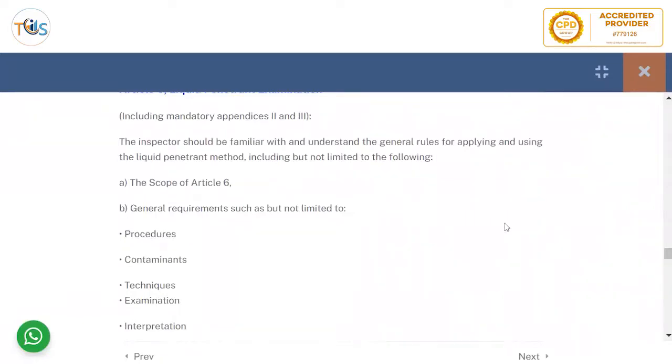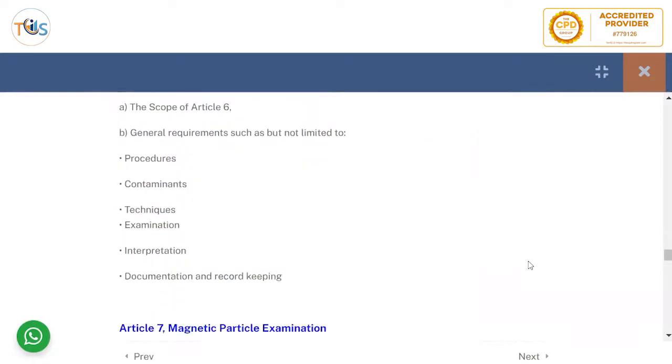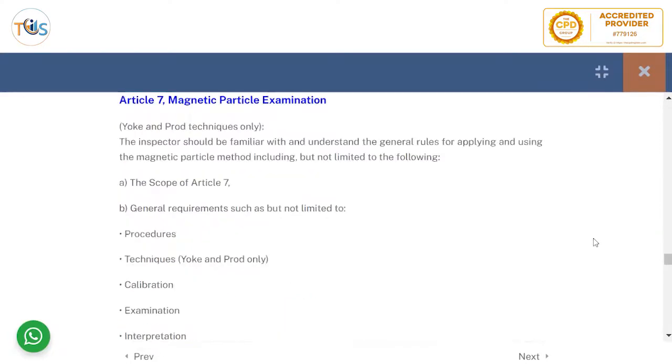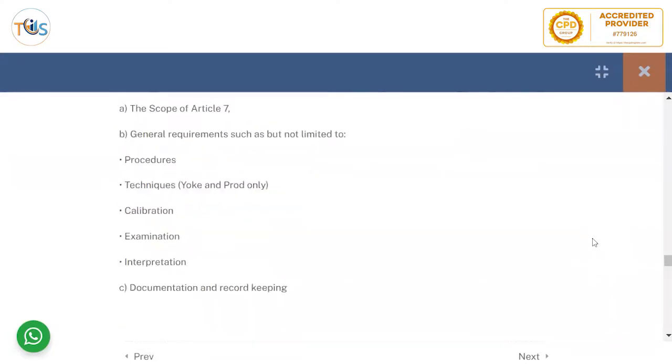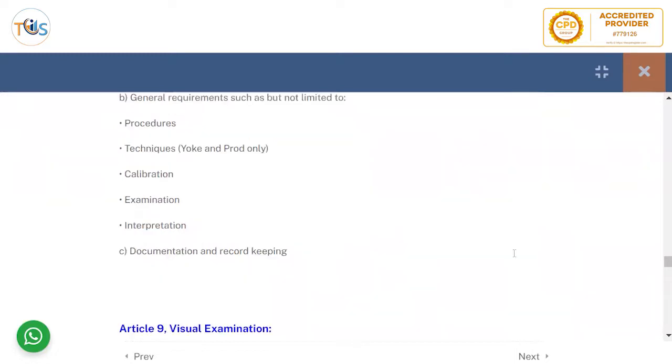There might be slight title changes on each topic, but more or less it's about interpretation, record keeping, procedure, contaminants, safe for PT. And you have the same thing for MT. You don't have much contamination in MT, so there is no topic here as contamination. But again, you should know about the procedure, the calibration, interpretation, evaluation, documentation, and record keeping.